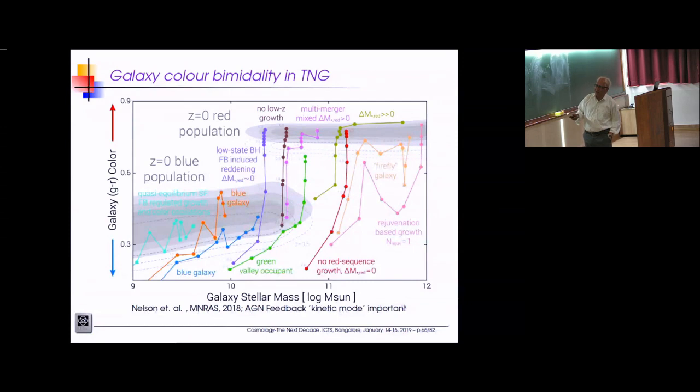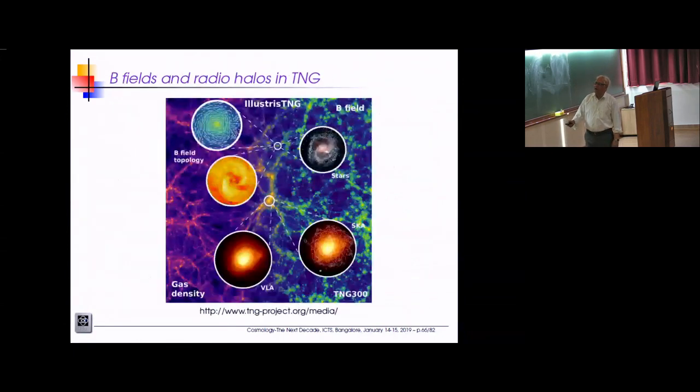And it's a massive, kind of very messy plot. I won't even try to explain it. But one bottom line is the AGN feedback I was talking about in something which is called the kinetic mode is important. Kinetic mode is where you give this feedback by injecting kinetic energy into the gas particles rather than just radiation. And they have even incorporated magnetic fields. Okay, they're learning. It's good.